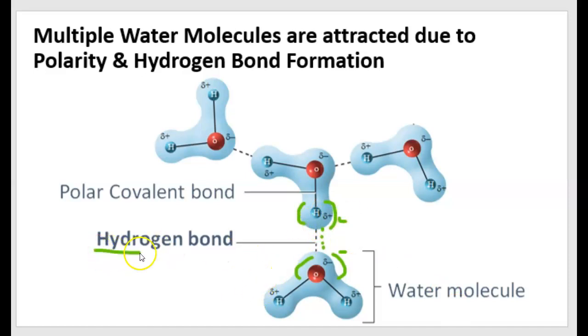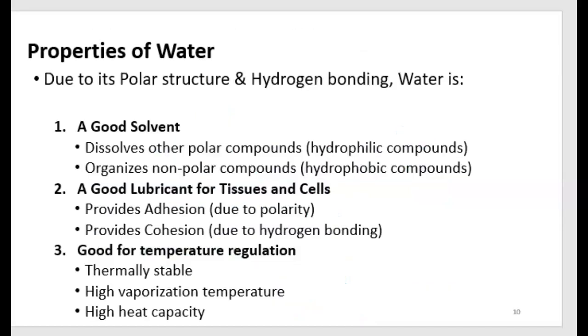So these hydrogen bonds that form give water very special properties. And these properties are ideal for some functions within the human body. One property is that water is a good solvent. It dissolves other polar compounds like electrolytes, and it can organize nonpolar compounds like lipids and fats.